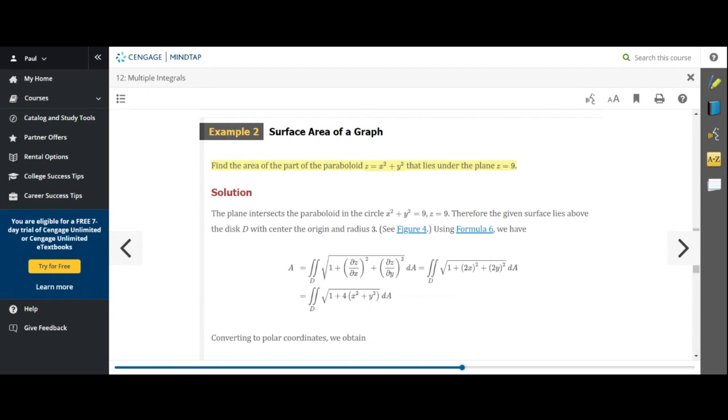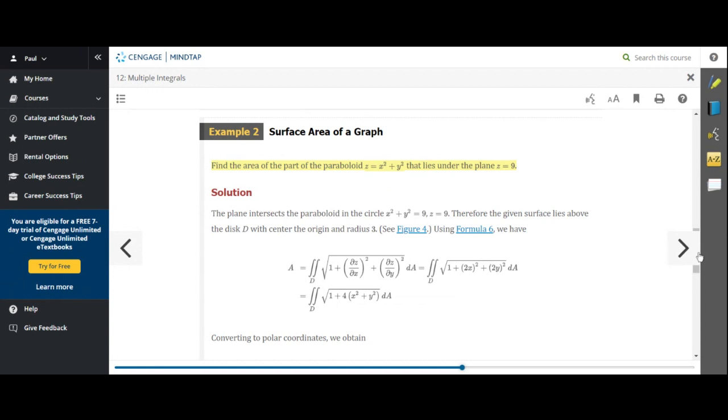It goes down. Wait, no, it goes up. Has to go up. You're used to paraboloids that go down, but this one goes up. But it doesn't go up forever. It's cut off by the plane z equals 9.